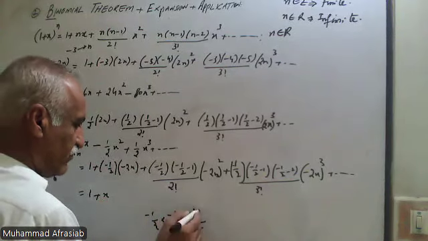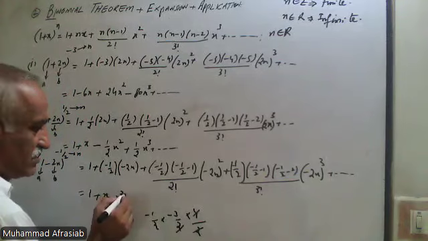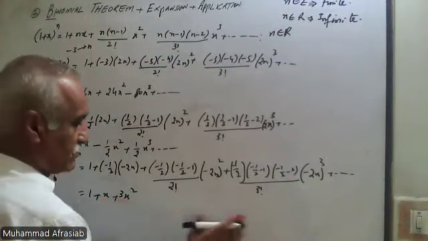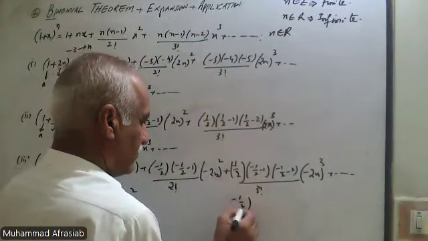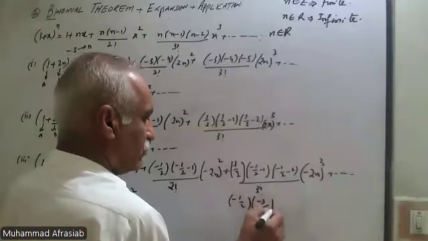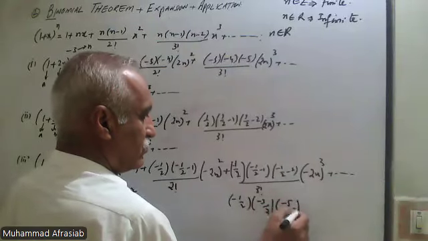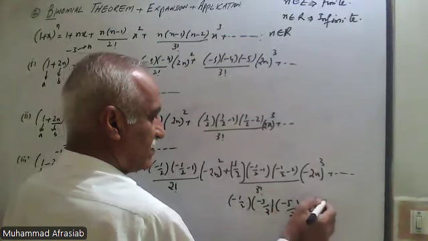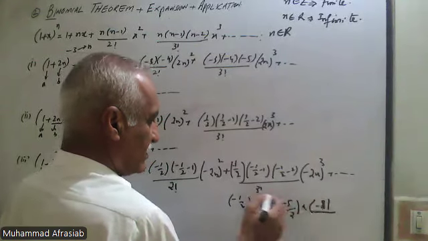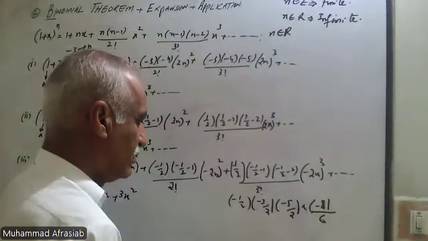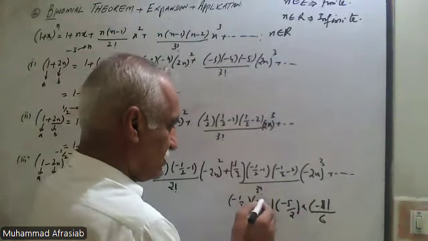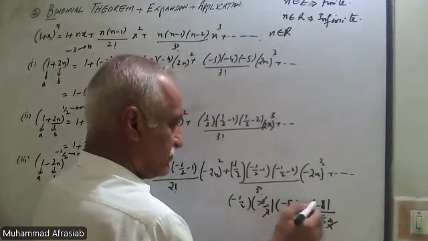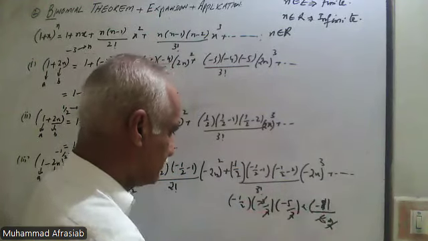Minus minus is plus, so 3x square. Then this minus half, minus 3 by 2, minus 5 by 2, minus 8 divided by 3 to 6. So this is minus 3, this is 2, the 8 cancels out.